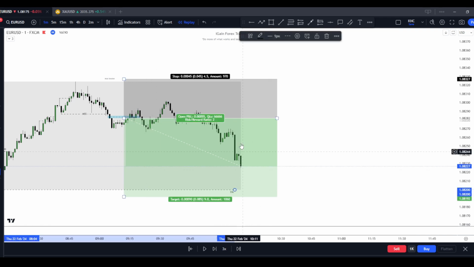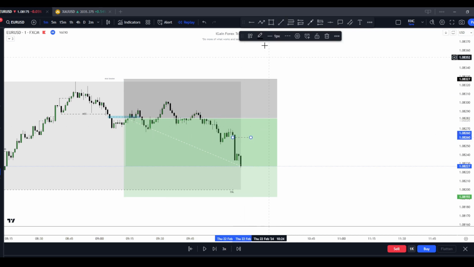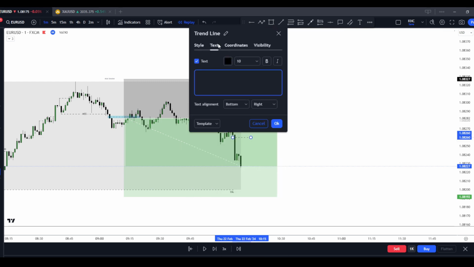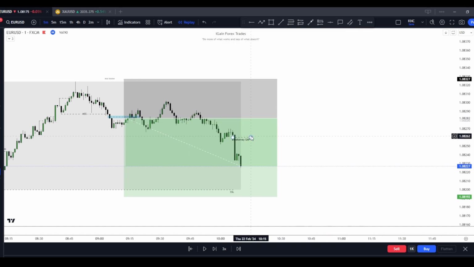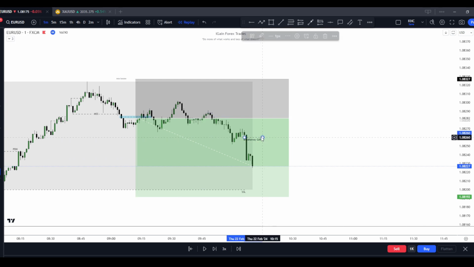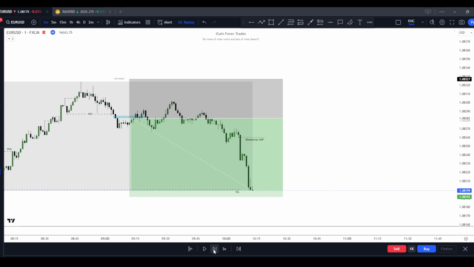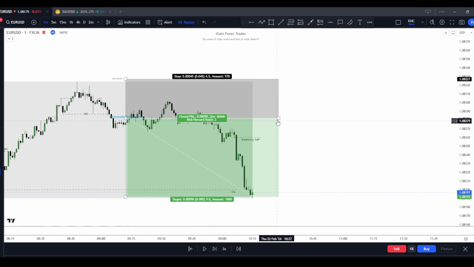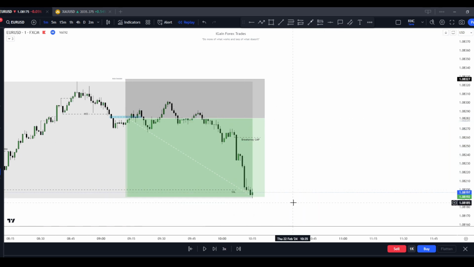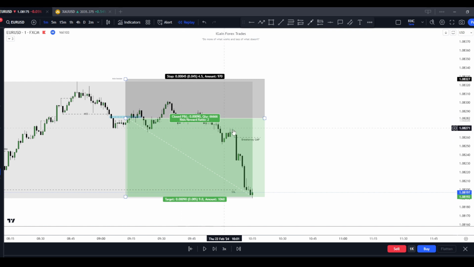We can see here that we have our breakaway gap. So it's a sign that our price is going down. There we go, guys. We have here our take profit hit. So that's a 1:2 risk reward ratio.